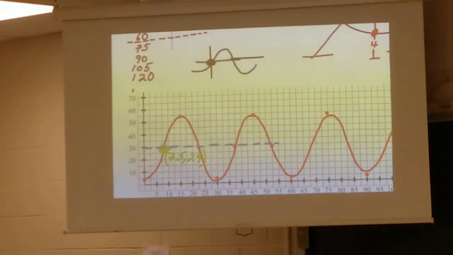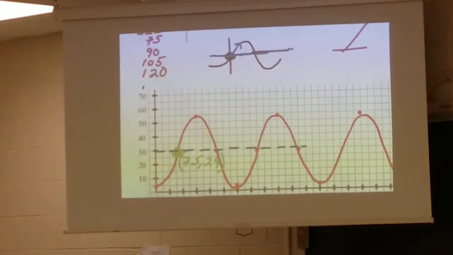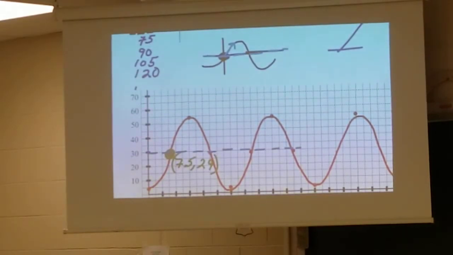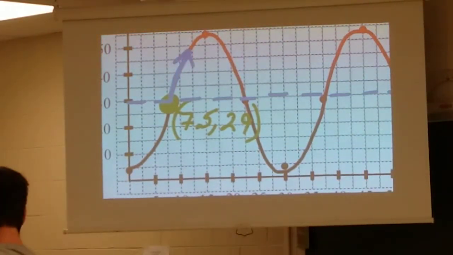Now look at that a little more closely with me. It's on the midline. It's always been on the midline. And I also want you to look at that graph and realize that the graph goes up. Because the graph goes up from that starting point, we can make the same conclusion down here about this shift point, because the point is on the midline, and the graph also goes up.